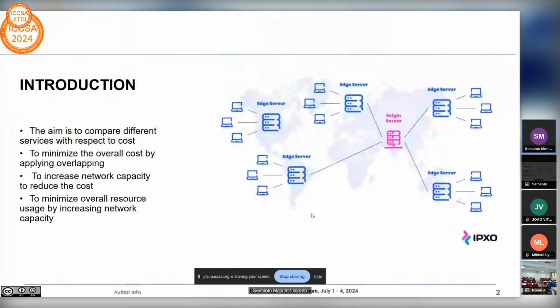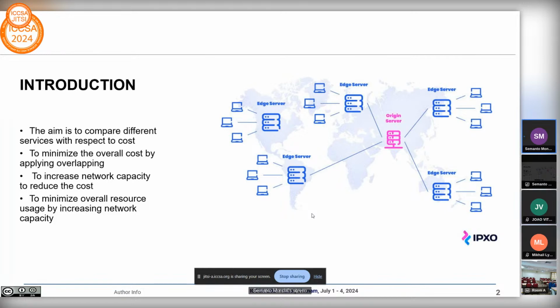So this is the introduction part. We have tried to compare the different cloud-augmented network services, where we have compared four different services. These services are professional video on demand like Netflix, then professional live video like IPTV, then user generated video on demand like Facebook, and user generated live video like live Facebook streaming or YouTube streaming.